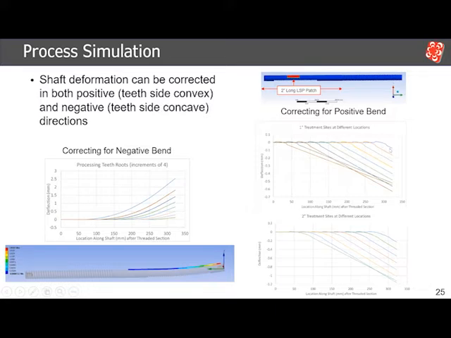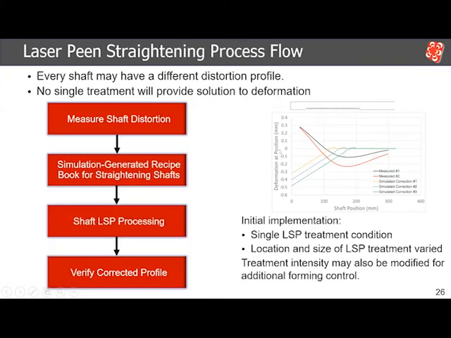And this is going to similarly change if we use 2 inches. So what we're basically doing is building out a library of options to create corrective peen forming treatments for these shafts. Since every shaft is different, what we really need is a broad solution that we can look at.